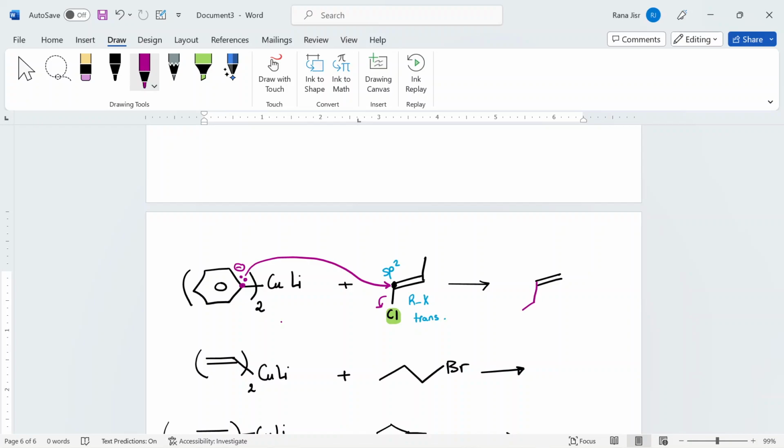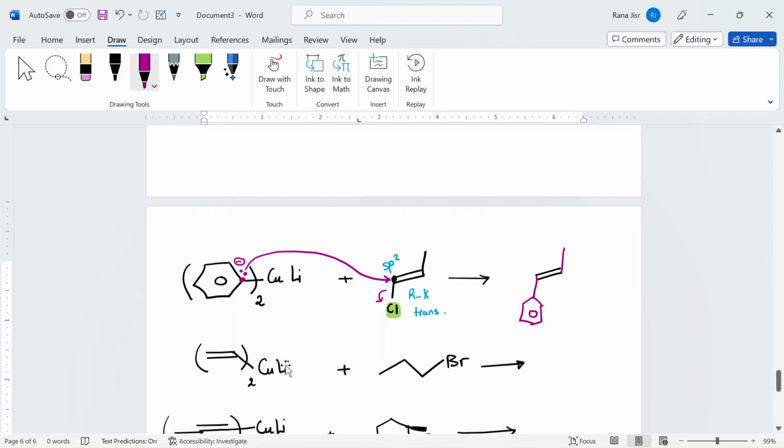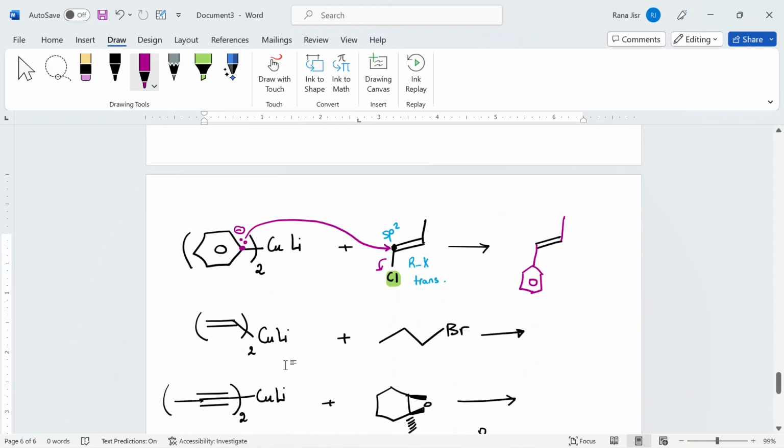So here I'm going to end up having my phenyl group in there, and then the CH3 stays in its place. So pay attention to that. If I start with the trans alkene alkyl halide, I need to end up having a trans alkene product as well.